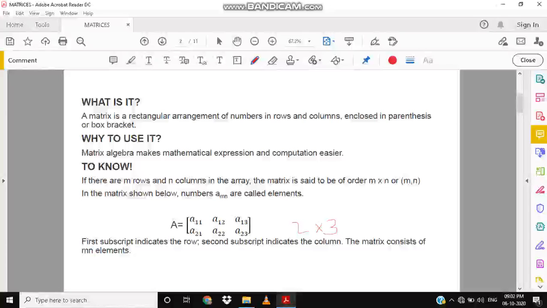So this is A11. This element is placed in row 1 and column 1. Here we see that it is placed in row 1 and column 2, so it's written 12. Similarly, all these elements have been formed.